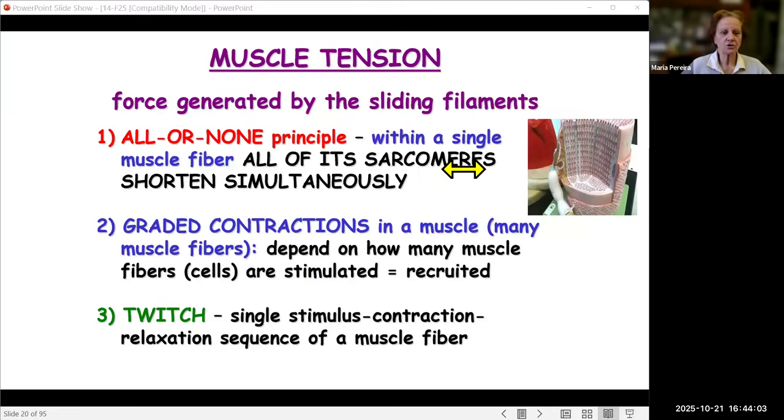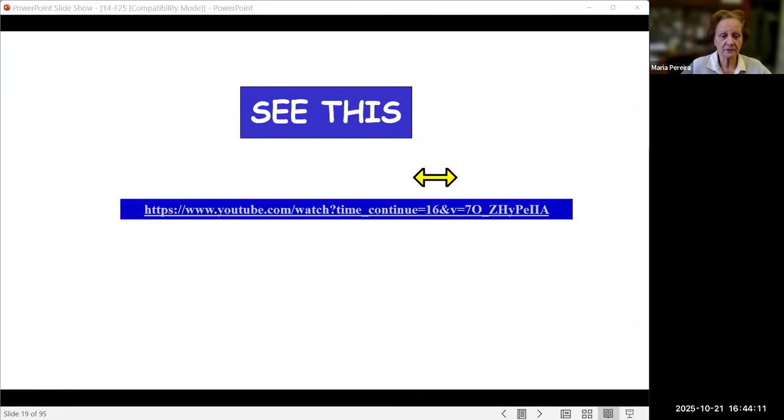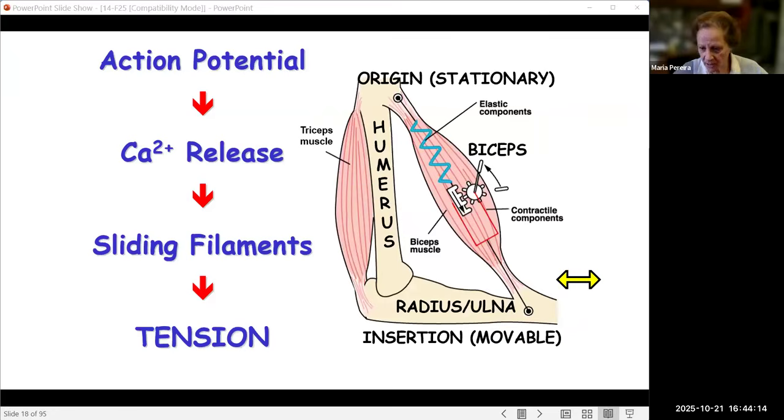Okay, so let's see some properties of muscle tension. The force that develops during this muscle contraction. How do the cells know which direction you want the muscle to move? Well, this depends on where the muscles are attached, right? Which bones. So you have muscle attached to the origin. That's the side that doesn't move.